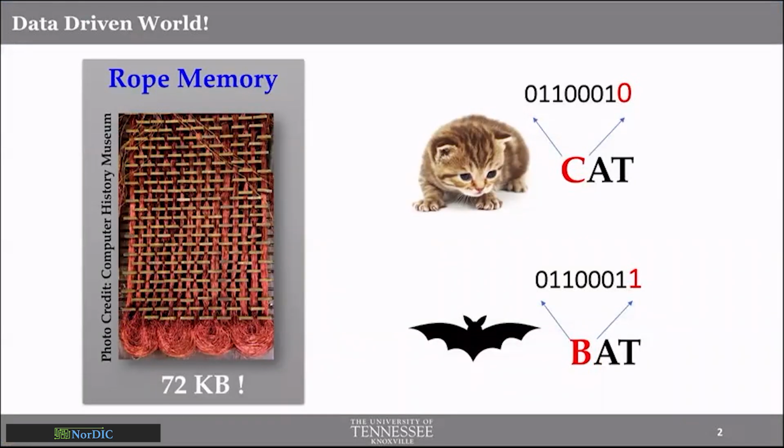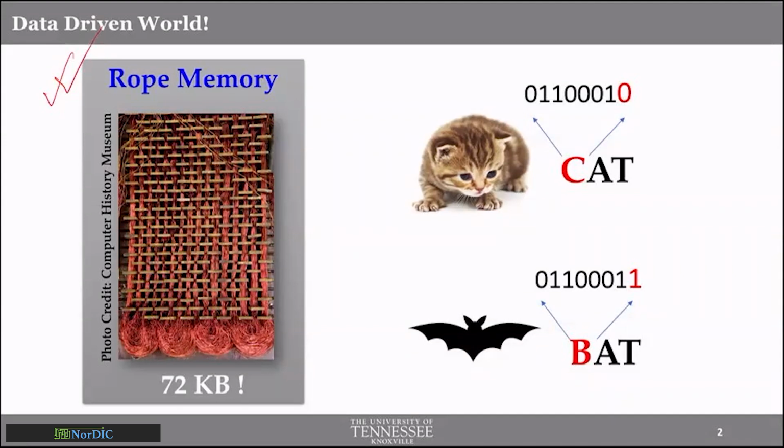The first slide will give you some idea about the seriousness or delicacy of data storage in modern day electronics. On the left, you see a memory device. This was known as core rope memory. I hope you can easily see that they essentially look like ropes, bundled together, right?